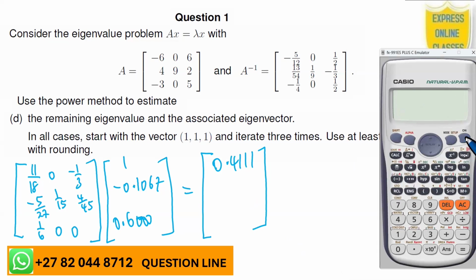So now we have, therefore, the 5 divided by 27, plus, okay, so it's going to be minus 0.067.